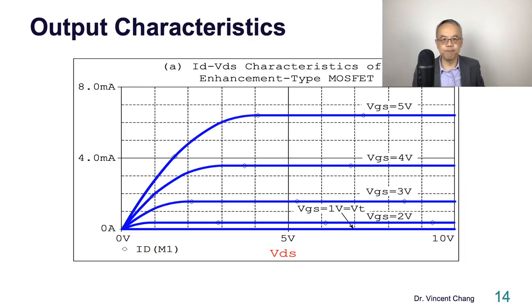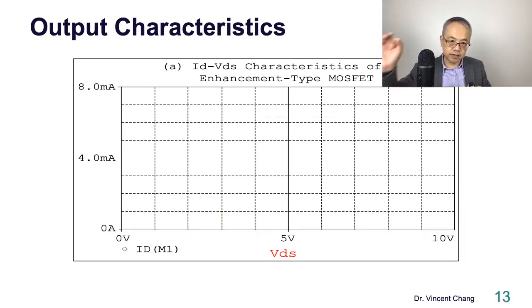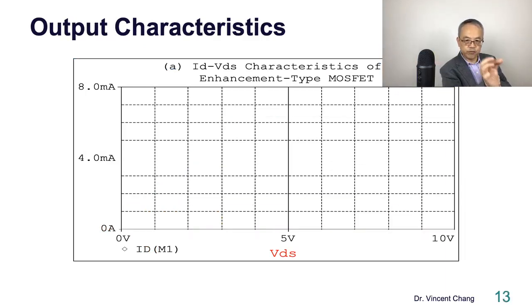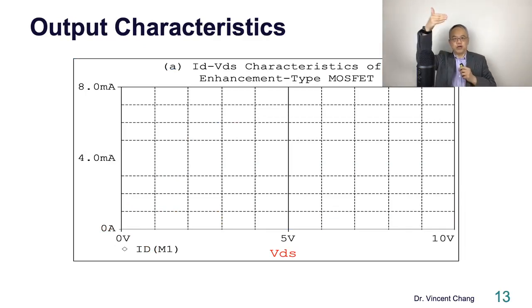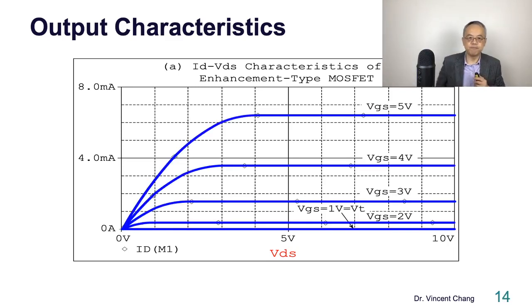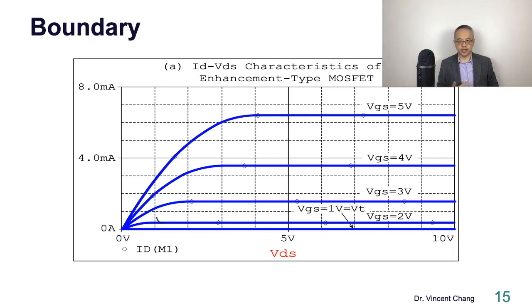So here's the outcome. You see 0 to 10 volt. The horizontal axis is VDS and the vertical axis is the current, ID versus VDS. This is the outcome for VGS of 1, 2, 3, 4, and 5 volt. The output characteristic has a boundary. The boundary is between what?